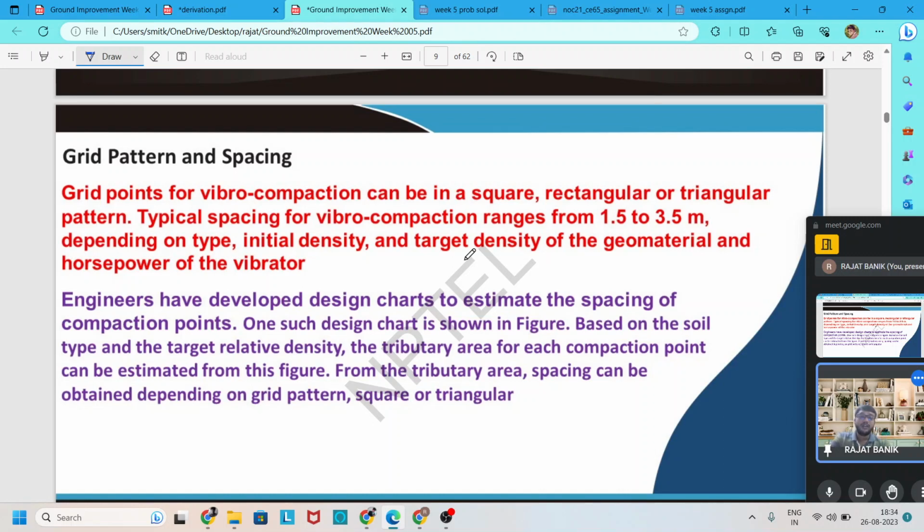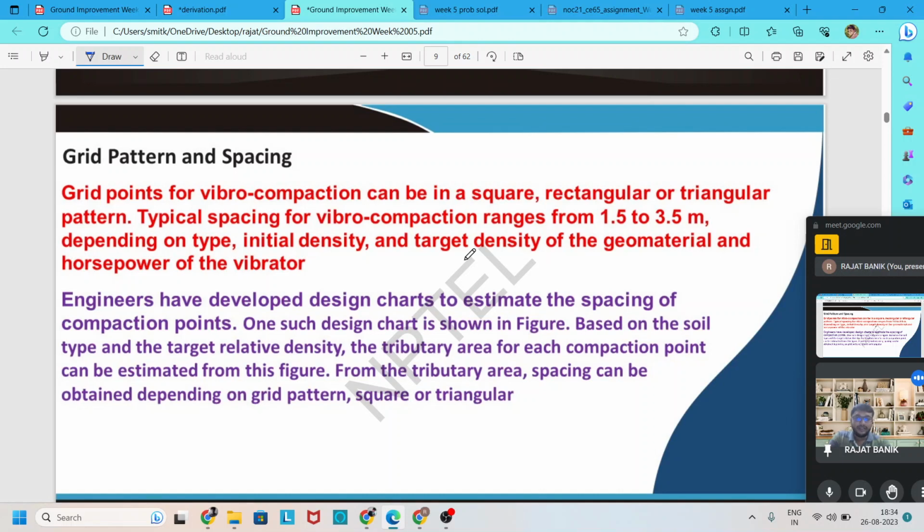But the spacing between compaction points should be between 1.5 and 3.5 meters. It depends mostly on the type of geomaterial, the density of the geomaterial, the target density after the compaction, and also on the horsepower of the vibrator.